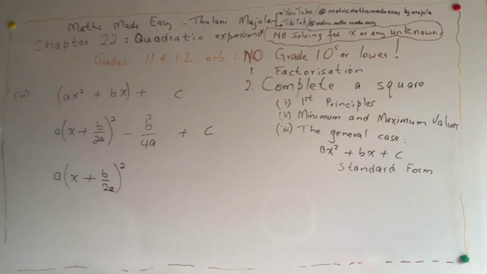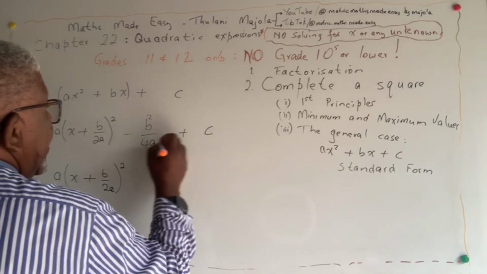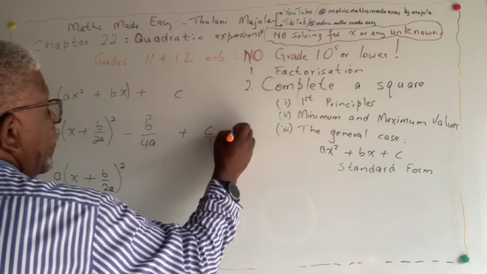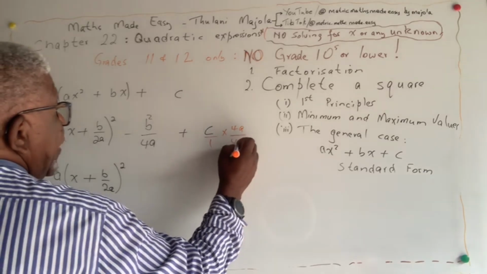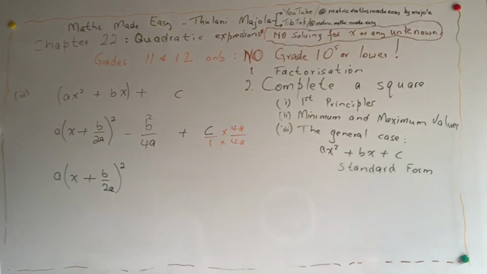There are many ways. I've got a denominator of 4a here and a denominator of 1 there, so I multiply c by 4a over 4a to get a common denominator of 4a.